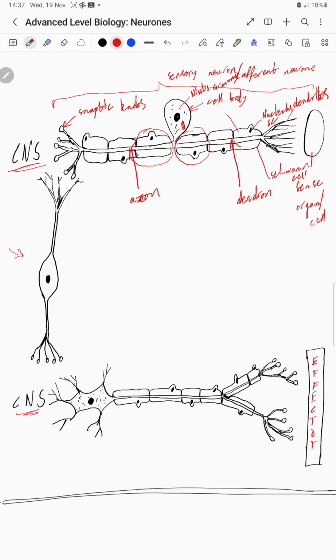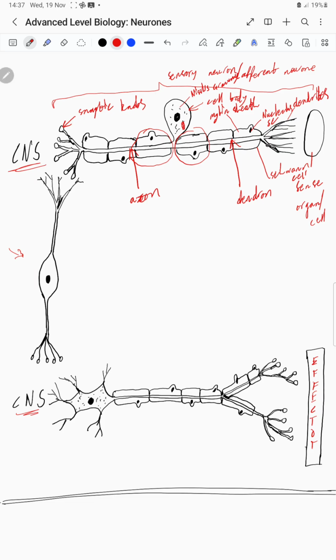This is a different way of viewing it now. It's a side view of a neuron which has been cut in half.